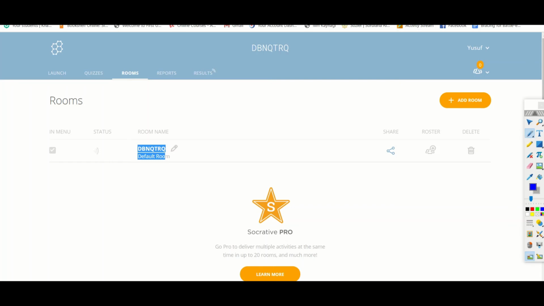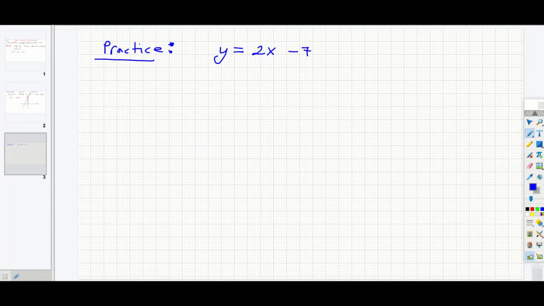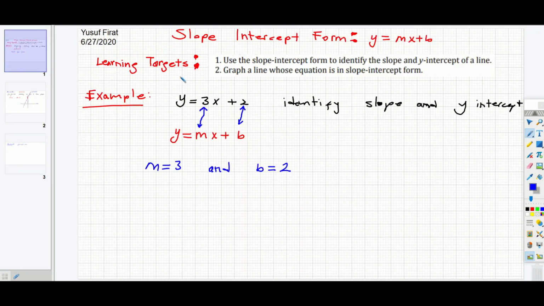I will grade it through there. Again, we learned how to identify slope and y-intercept of a linear equation, and then graph it using slope and y-intercept.